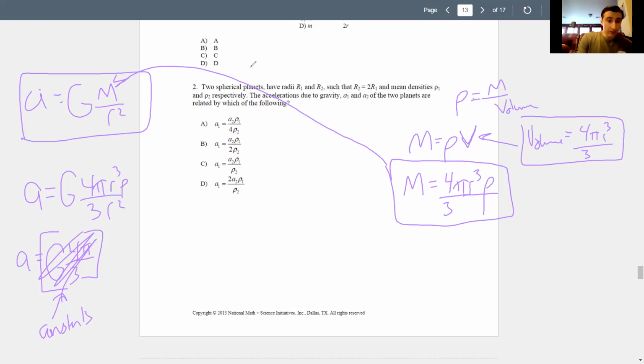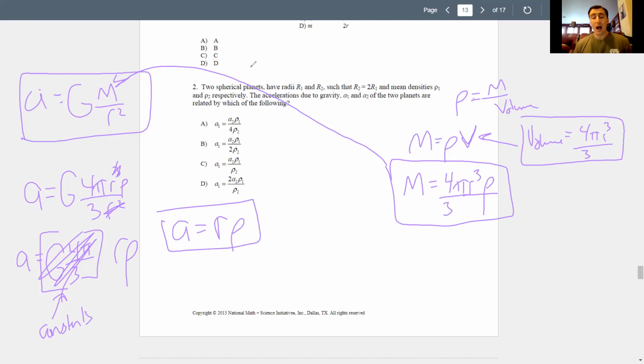So if I look at what I'm left with, I've got r cubed on top and r squared on the bottom, so this cancels out, and I'm left with just R and rho. So I know the acceleration basically comes down to the radius of the planet and the density.